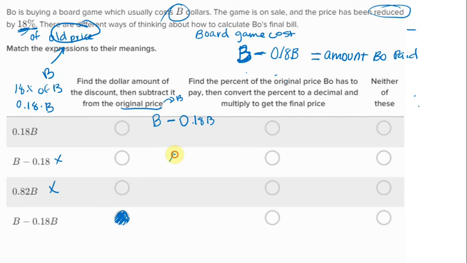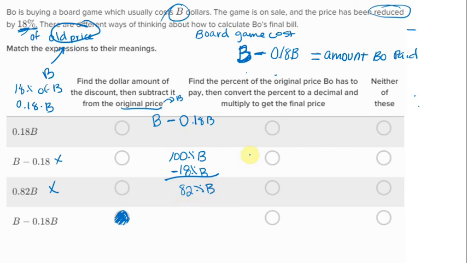Originally, he has to pay 100% of whatever B is. And then he's subtracting 18% of whatever B is, the discount. Which means that in total, he is paying 82% of what B is.